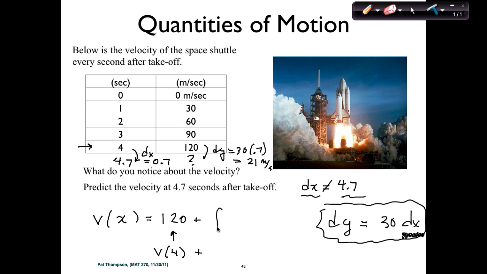An integral. And I want to use my new notation. What's my new notation here? This would be 4 comma x, the 2 argument notation, starting from 4 to x. So v of x equals 120 plus the integral from 4 to x of, what am I looking for here? The rate of change of velocity, right? And what is the rate of change of velocity? 30 times dt.